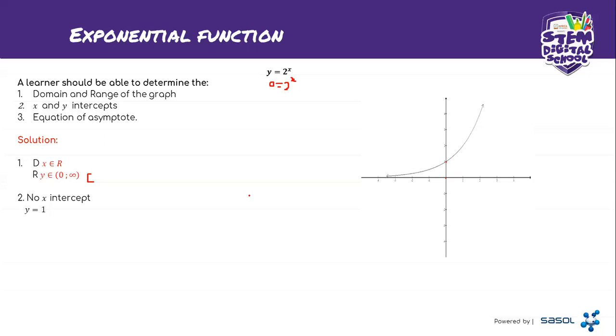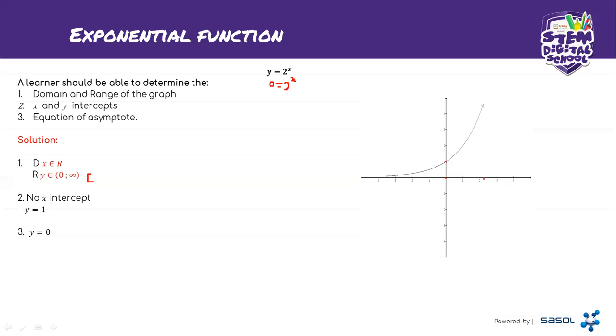And the last one, equation of asymptote. Remember, as also indicated, for exponential we are dealing with one asymptote, and that asymptote is moving horizontal, which is going to be this line of the x-axis, right? Normally, when we show the asymptote, we use broken lines, a line with broken points.